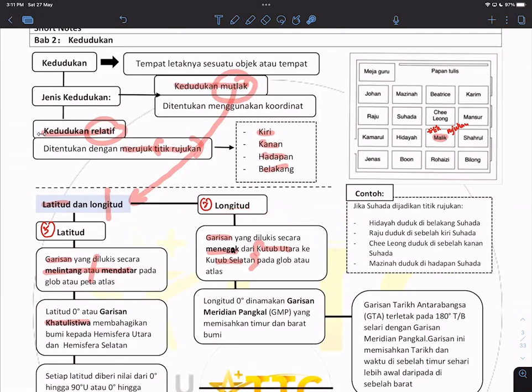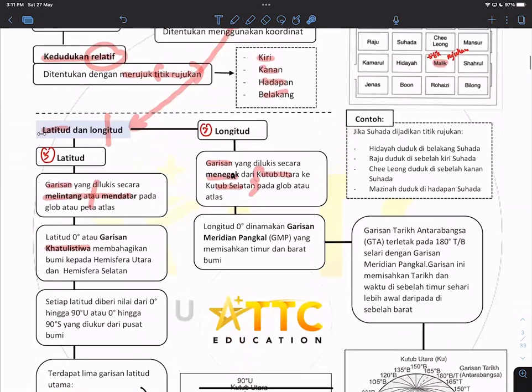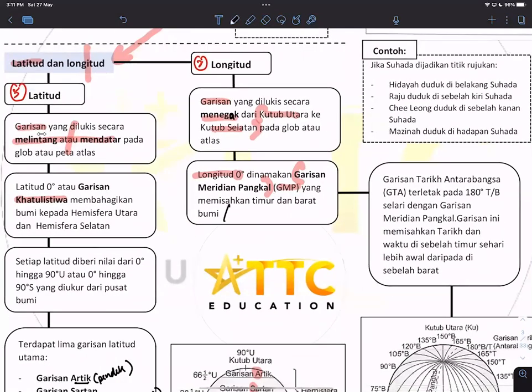But we just have to name 2, which is kosong longitude. Kosong longitude is what we call GMP, garisan meridian pangkal, also known as GMG, which stands for Greenwich. Two names for the kosong degree longitude.